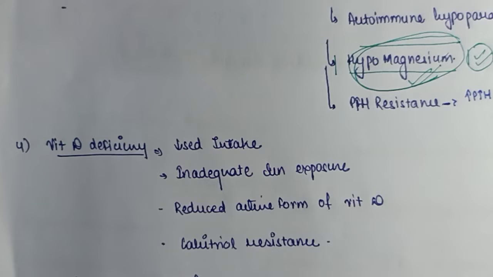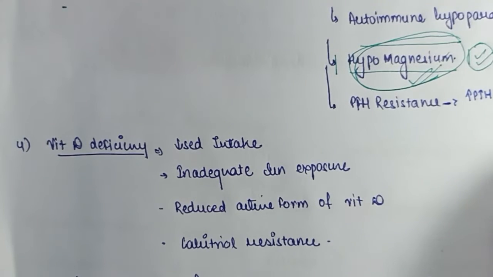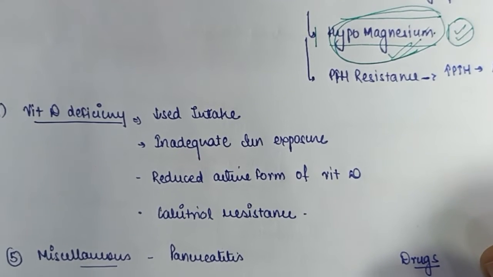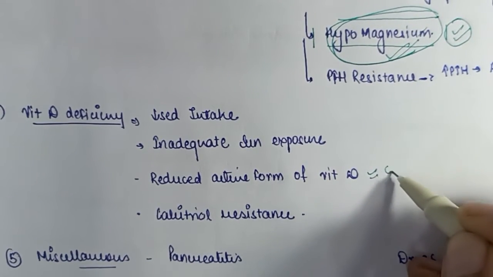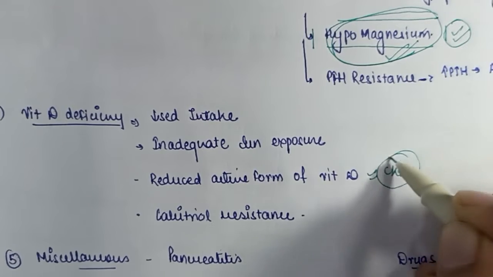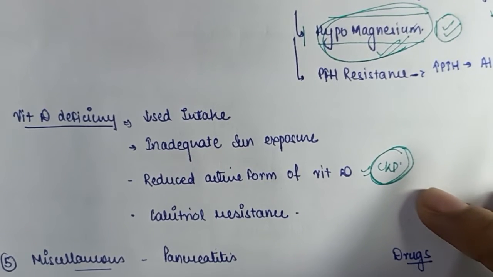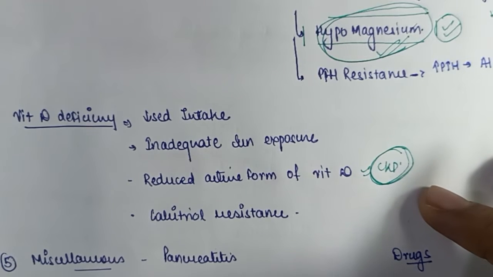Vitamin D can be low in case of decreased dietary intake, inadequate sun exposure, or reduced active form of vitamin D. It can be seen in CKD patients. The 1-alpha hydroxylase enzyme is present in renal cells.